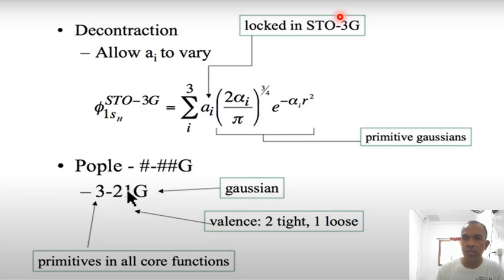Each will have basis functions. The 2 tells you it is formed as a linear combination of two primitives, a tight basis function, and the 1 tells you that function is just out there on its own, not contracted from primitives. So two tight primitives make one basis function, and one loose function is a single primitive.